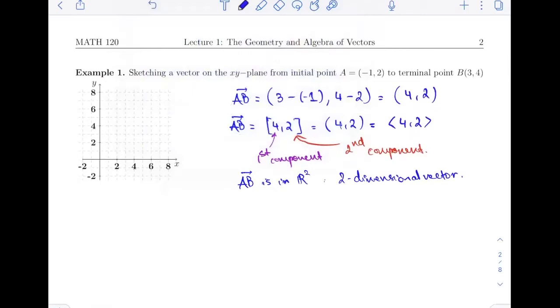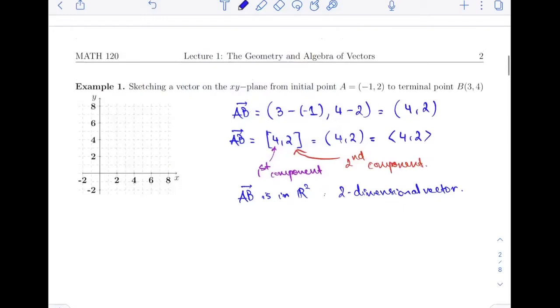Now, if you want to sketch the vector on the xy plane, because we're talking about a 2-dimensional vector only, what we can do is start with the initial point at -1, 2, and end with the terminal point at 3, 4. So x is equal to -1 and y is equal to 2.